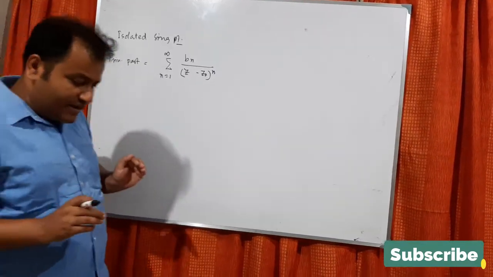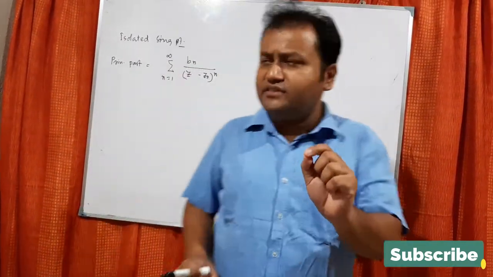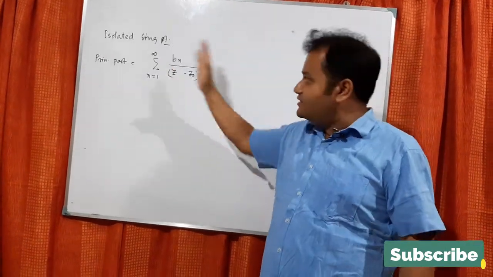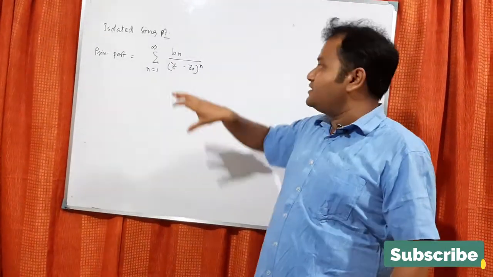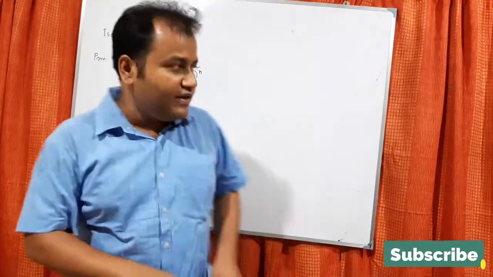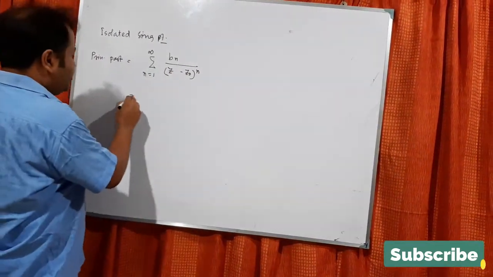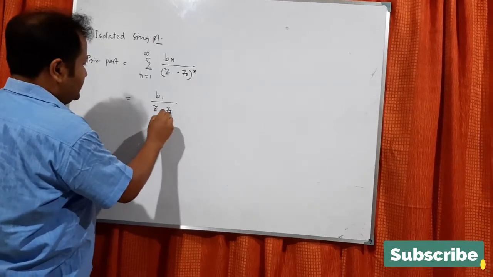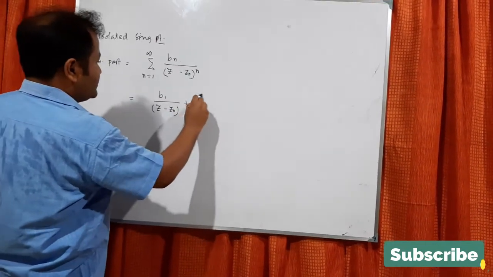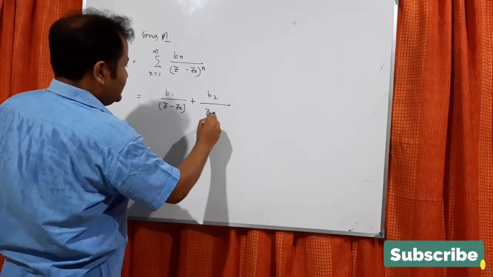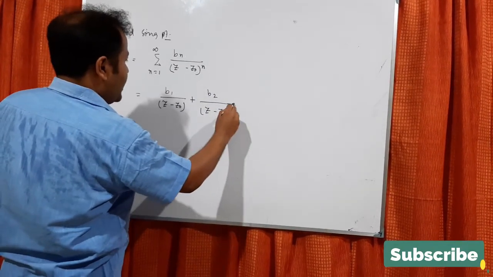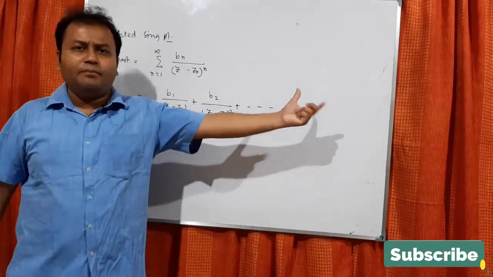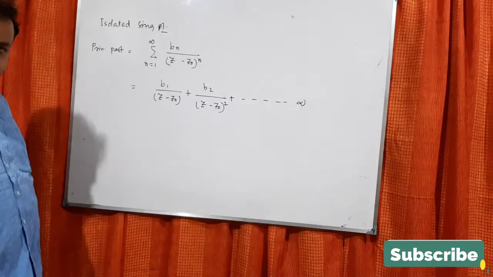So we can understand that for a Laurent series the singularity will happen in the principal part, the second part. So we have to concentrate on the second part. If I write this second part, it will be b1 by (z minus z naught) plus b2 by (z minus z naught) square and so on. So there will be an infinite number of terms in the principal part.